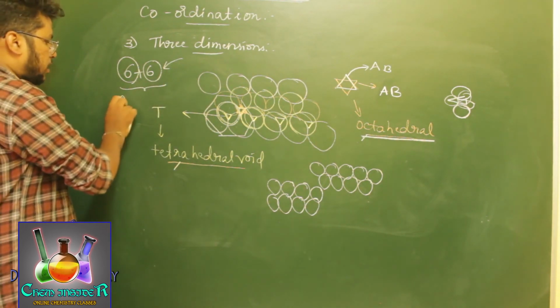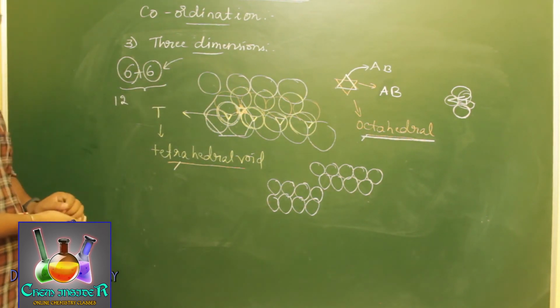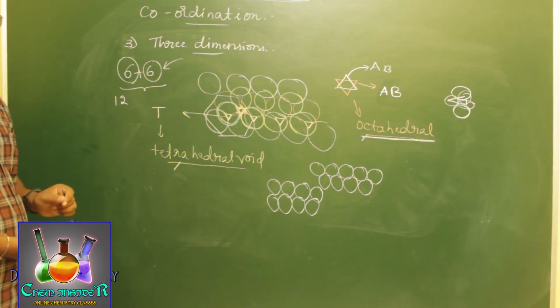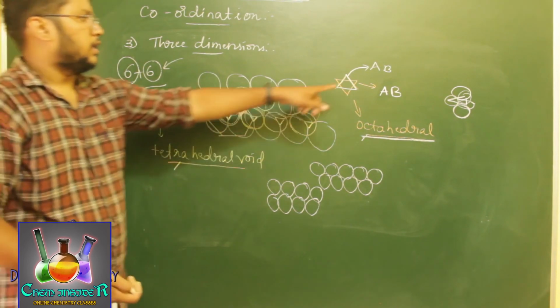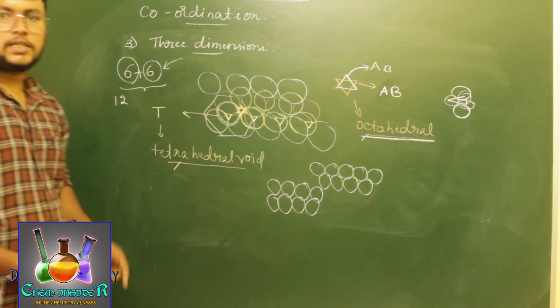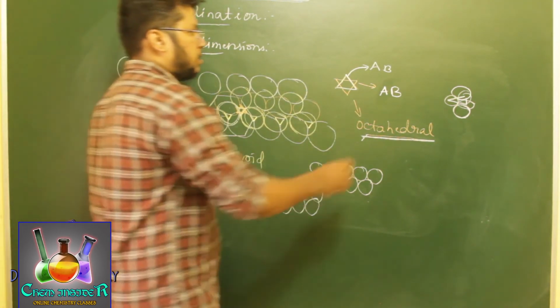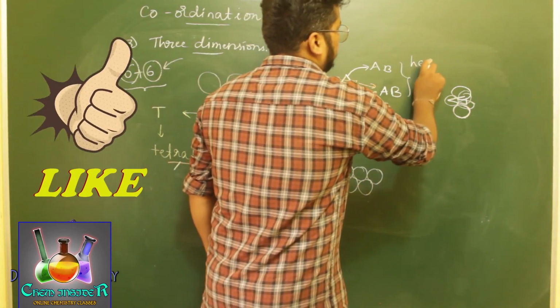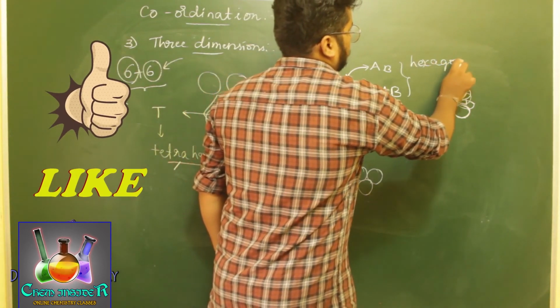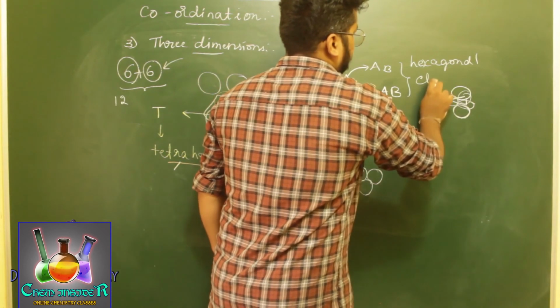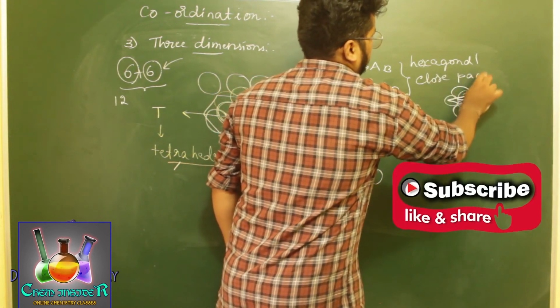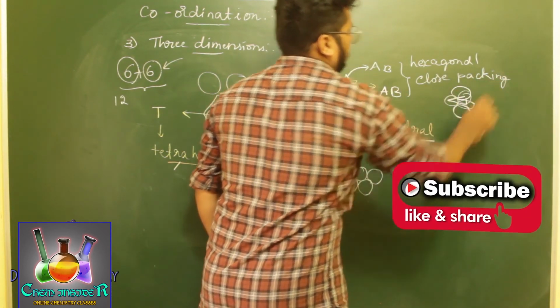So the coordination number for the arrangement of atoms in 3 dimension of AB upon AB type, that is hexagonal close packing, we call it hexagonal close packing. For this type of arrangement, we get coordination number 12.